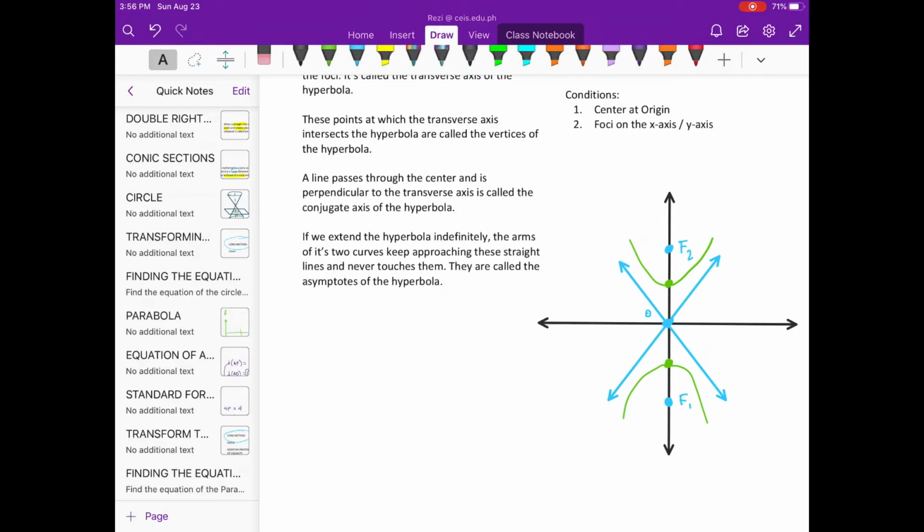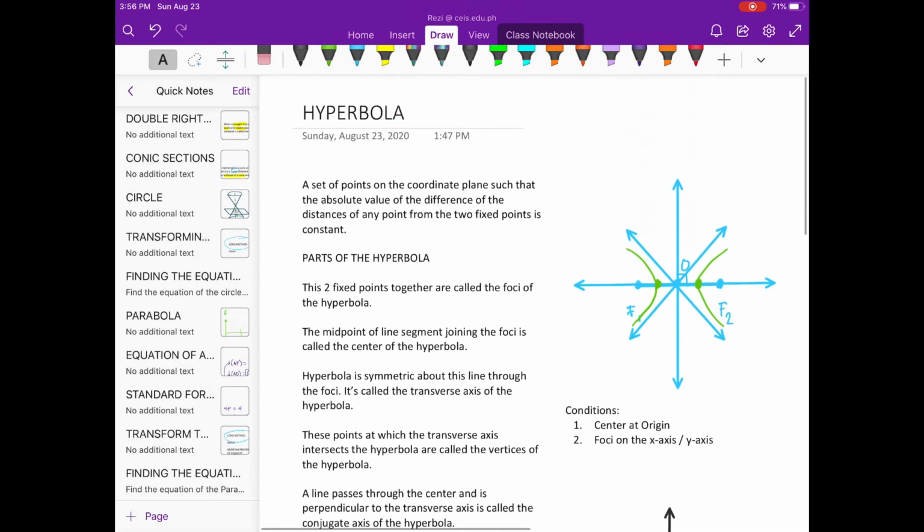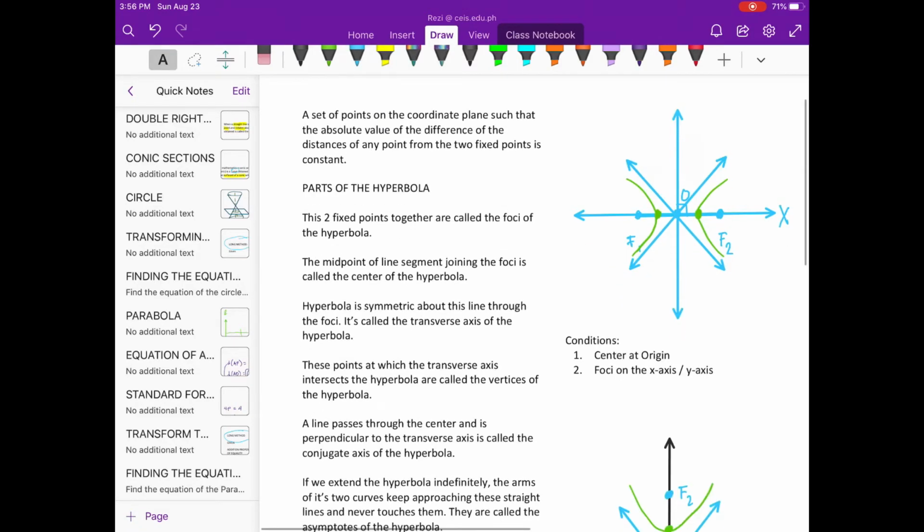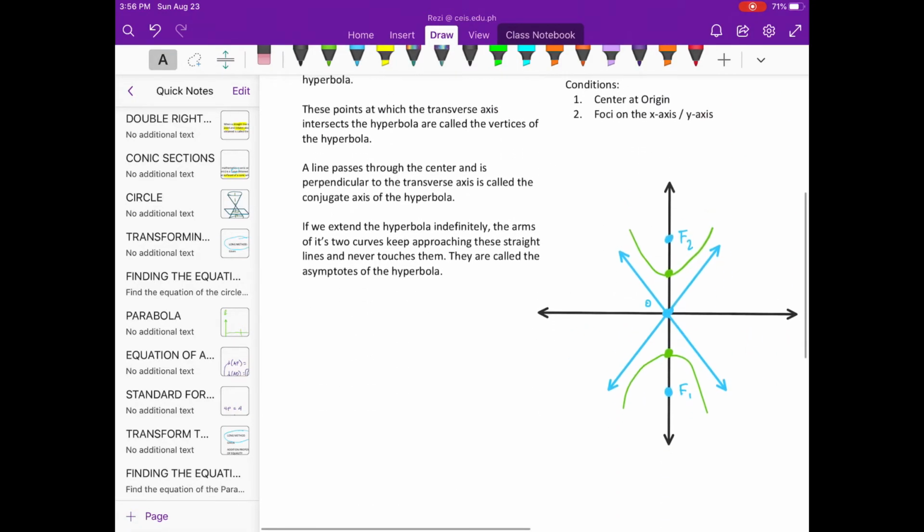A while ago, the foci were along the x-axis. This time, the foci are along the y-axis. We will only consider these two orientations as the equation of the hyperbola is simplest for them.